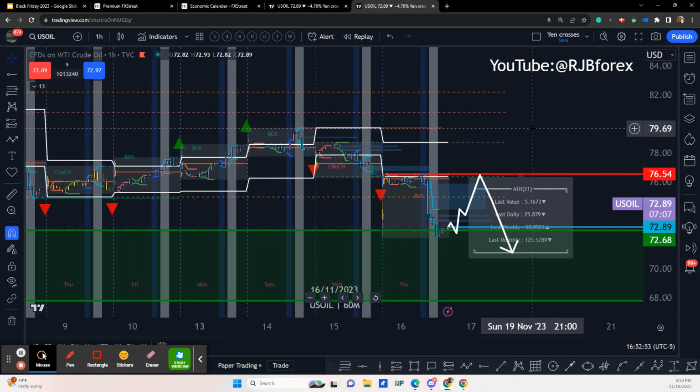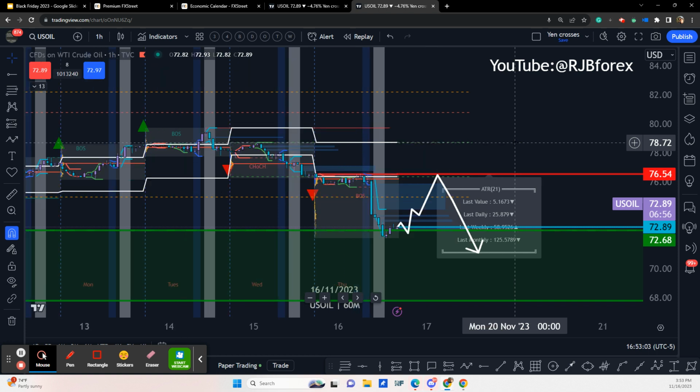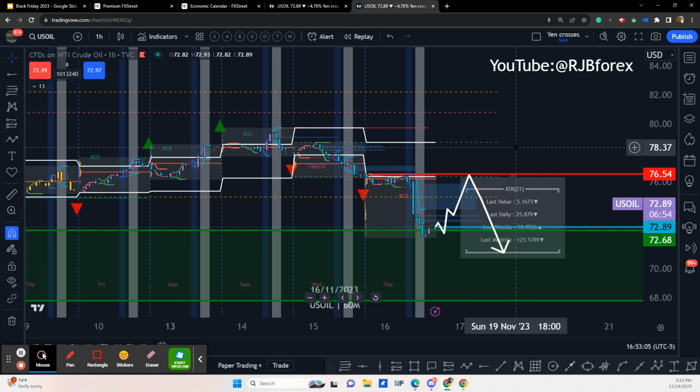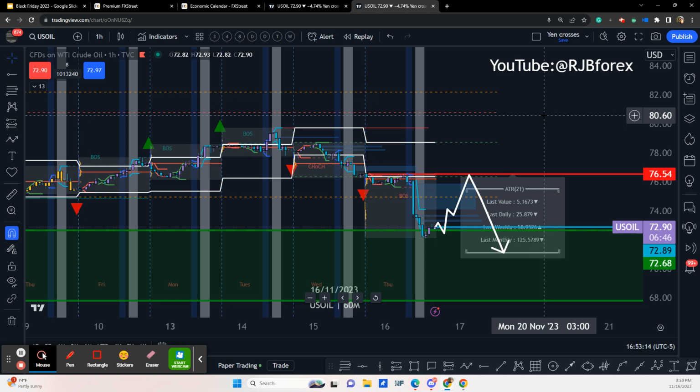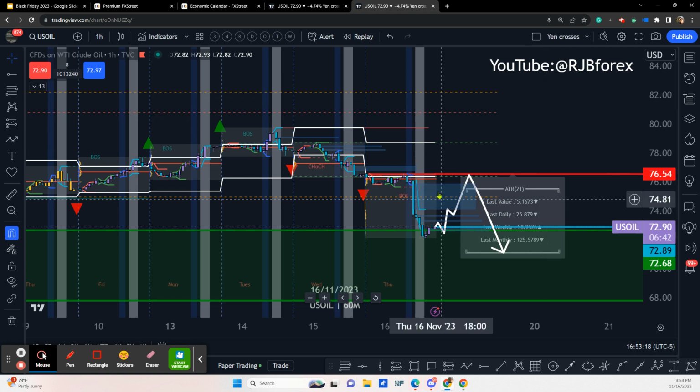I do like to have that bias coming into the day. It just gives me that peace of mind to pull the trigger. It's a confluence of information that helps me pull the trigger at the level, at the timings, when I see certain price action, market structure and candlestick patterns at the levels.